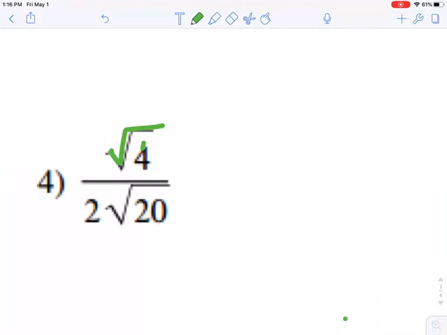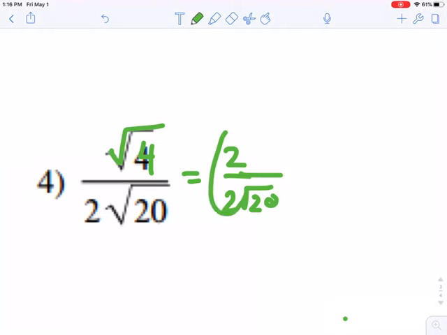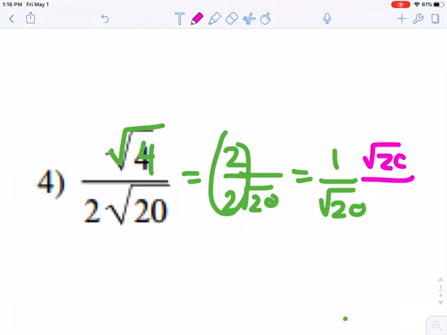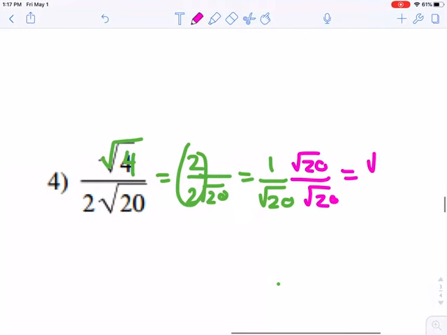Here, again, perfect square. So I have 2. I have a over 2, radical 20. These just simplify to 1, so I have 1 over radical 20. Just a quick cleanup. Now I'm going to use brute force. Multiply by radical 20 over radical 20. Radical 20 over 20.